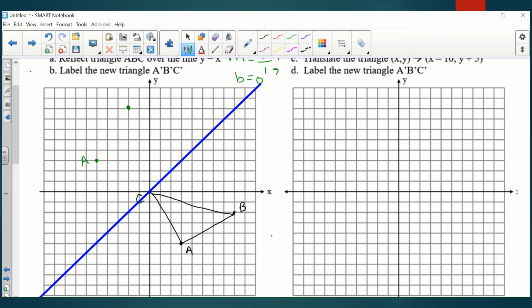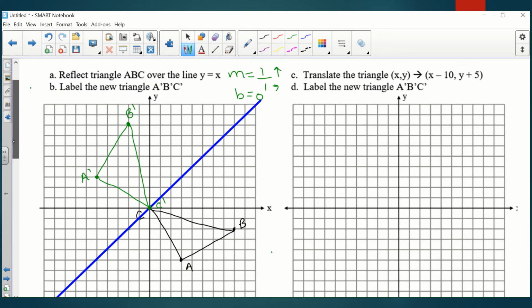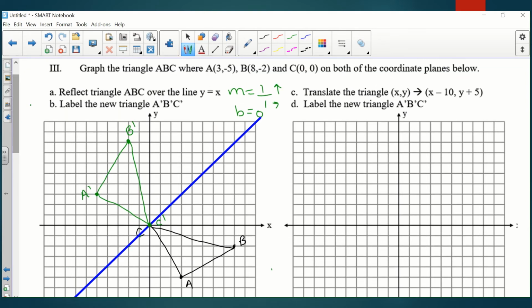So here's A prime, B prime. Now C prime is not going anywhere. C prime is going to stay right here at 0, 0. All right, so here is triangle A prime, B prime, C prime, which is triangle ABC reflected over the line y equals x. And again, I really hope your lines are much straighter than mine.